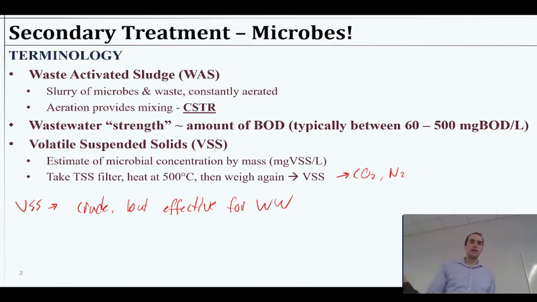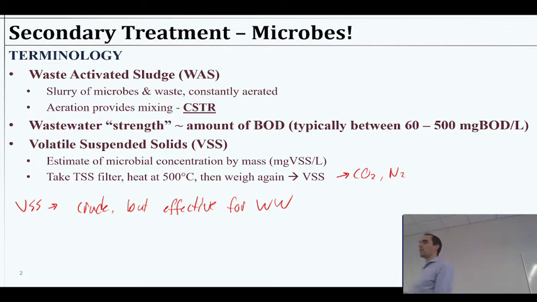Then we weigh it again, and that difference, we'll say, is the mass of bacteria, because all those bacteria are predominantly just organic matter. And so when they were burned away, that organic matter disappeared, and what's left is just some ash, mineral stuff, probably not so much bacterial related. There's going to be maybe a few very, very micronutrient levels of minerals in a bacteria cell.